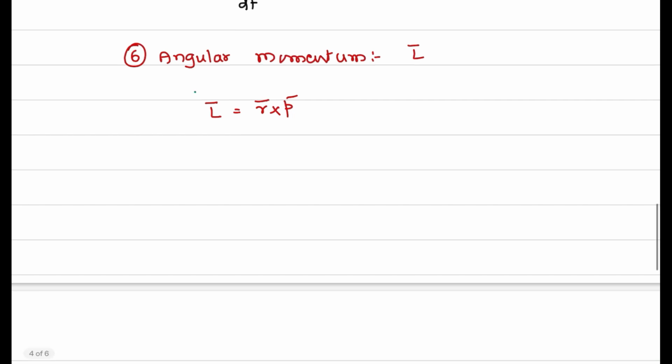This is a very, very important formula, where P is the momentum and R is the radius vector from origin to the particle, like this.